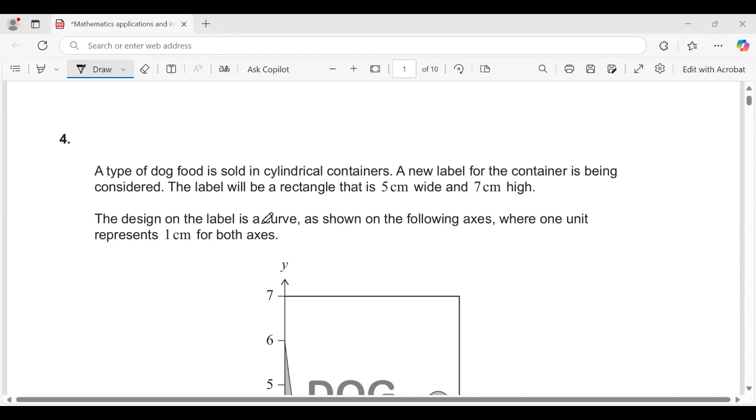Number four. A type of dog food is sold in cylindrical containers. A new label for the container is being considered. The label will be a rectangle that is 5 centimeters wide and 7 centimeters high. The design of the label is a curve as shown in the following axes, where one unit represents 1 centimeter for both axes.